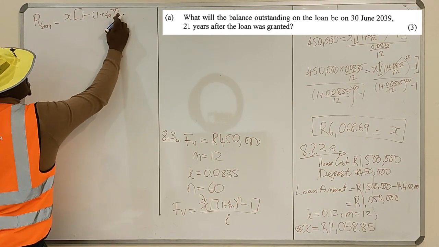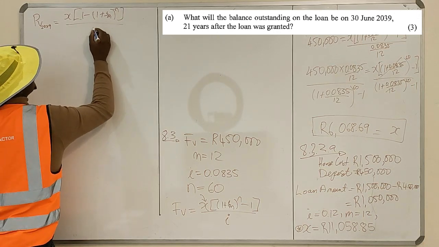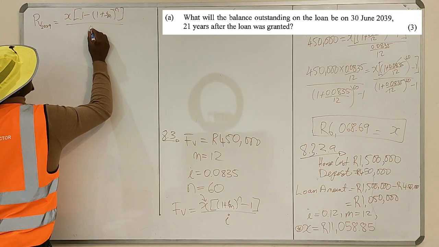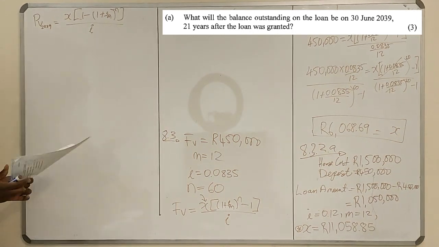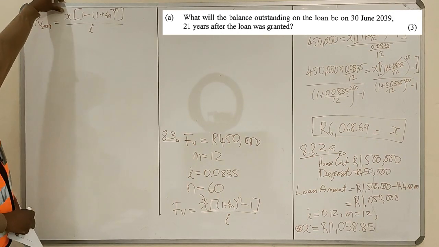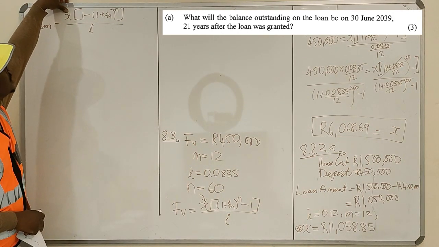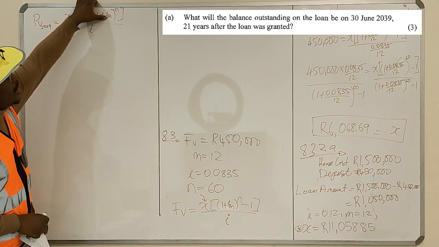This is the number of outstanding payments, all over i over m. So the present value in 2039 would be equal to your installments into this.